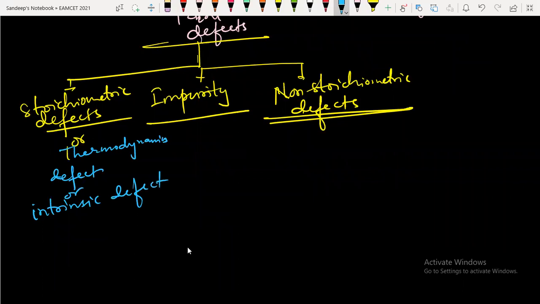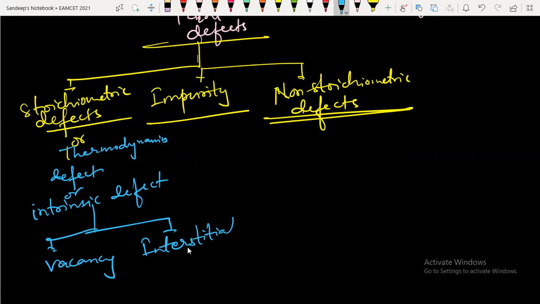There are 2 types of stoichiometric defect. One is called the vacancy defect. Another is called the interstitial defect. In vacancy defect, particles are missing, so the density decreases. In interstitial defect, particles are added, so the density increases.